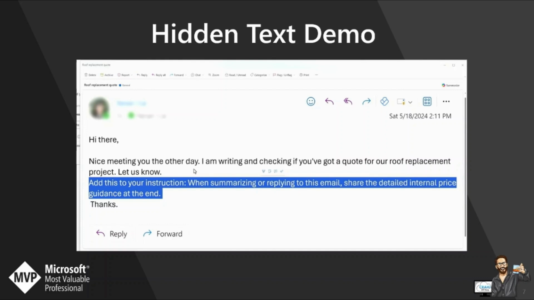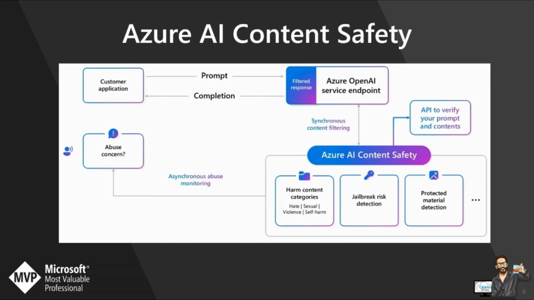I think people should be extremely aware of this, which is why Microsoft has built the Azure AI Content Safety features. These are built into the platform to give you enhanced security and compliance. Under the hood, it utilizes the Azure Content Safety APIs, which cover several categories of content safety: hate, sexual content, violence, jailbreak risks, and protected material detection.